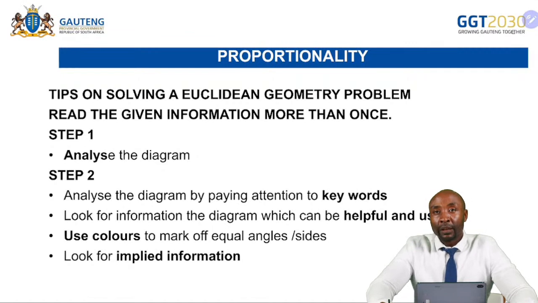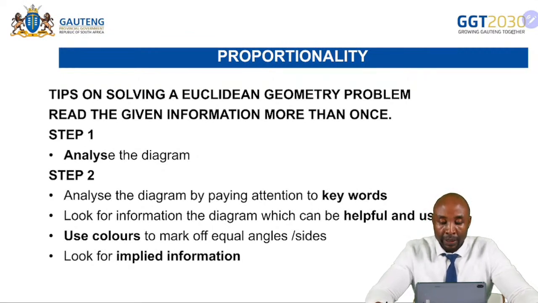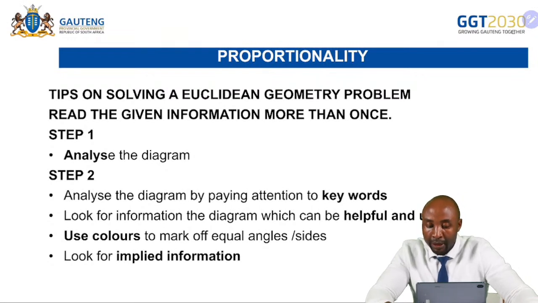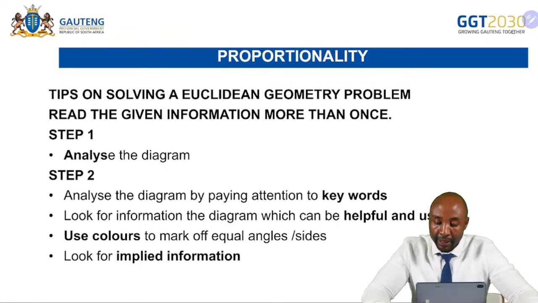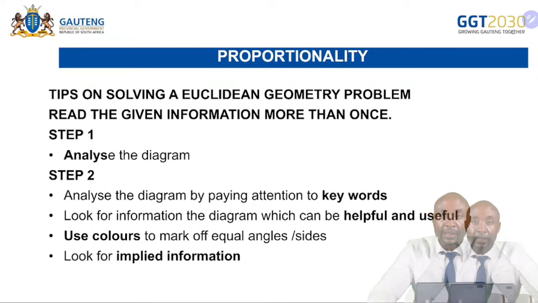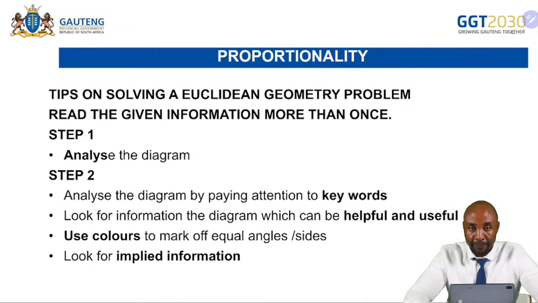We shall move on now to tips of solving Euclidean geometry problems. Some of the steps apply even to our grade 11 Euclidean geometry and any other question that is related to Euclidean geometry. The most important tool that you have is your eyes.